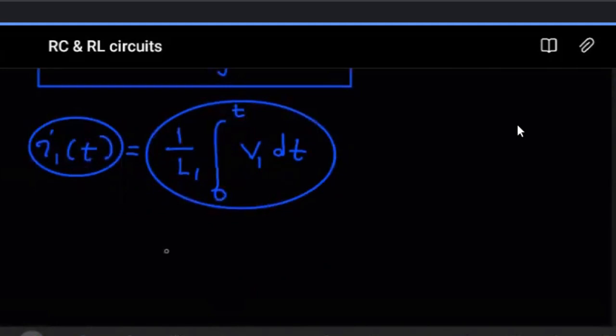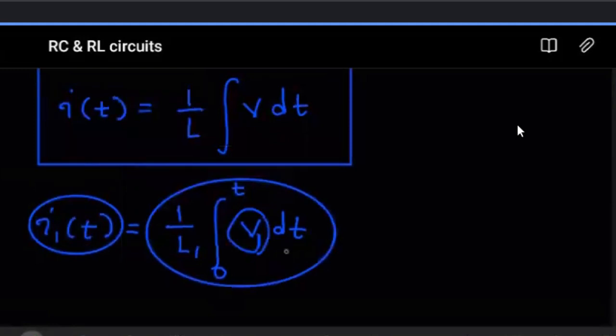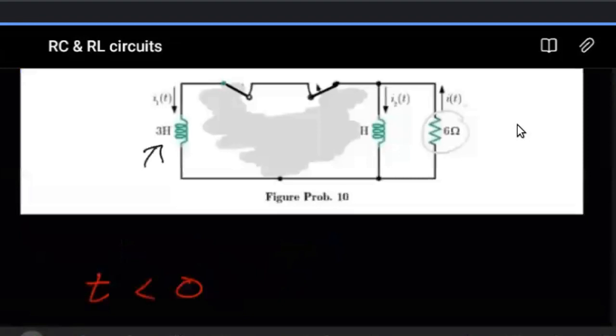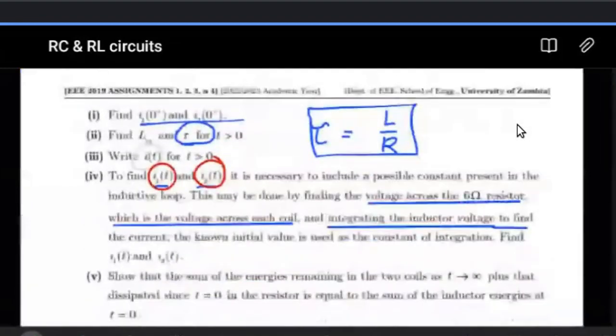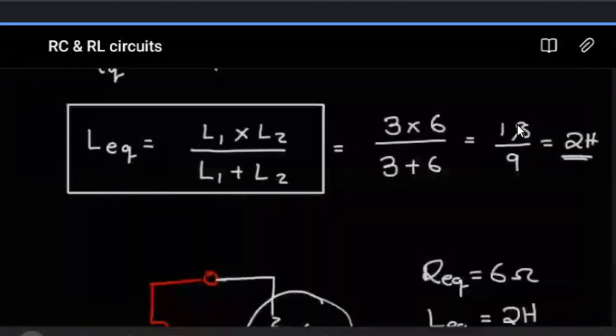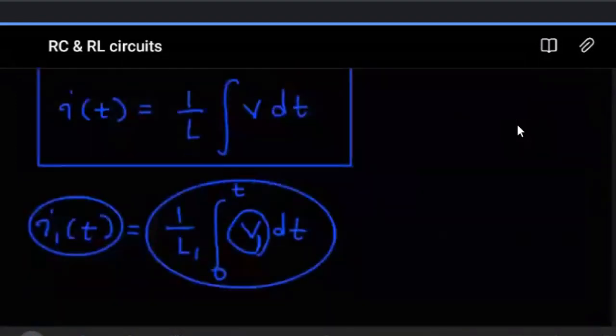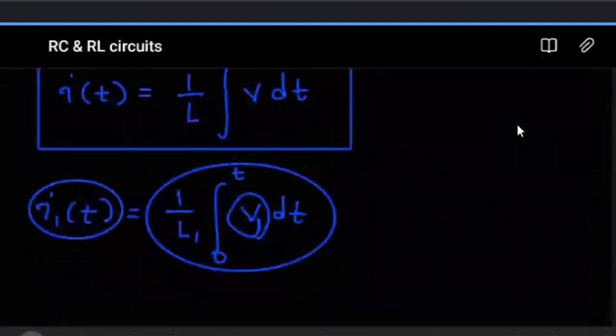So we found what the voltage V1 was earlier, and now we want to use this voltage to find I1. Remember, the question is asking us to find I1 and I2 here. Having found the voltage V1, we can now use that voltage in this integral to find I1. Have you got that? Okay.